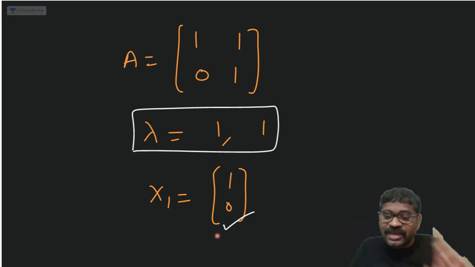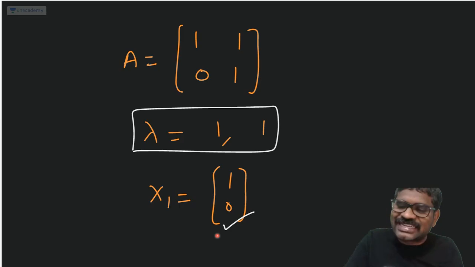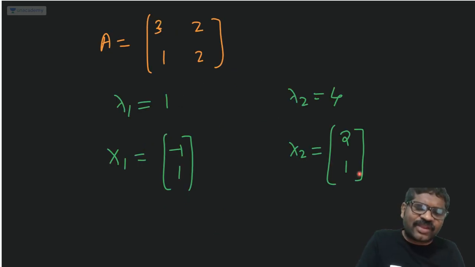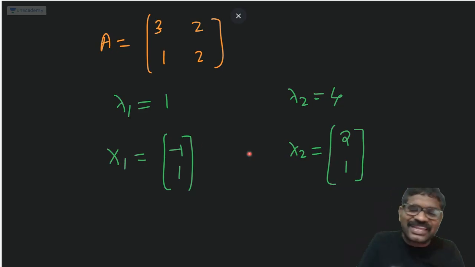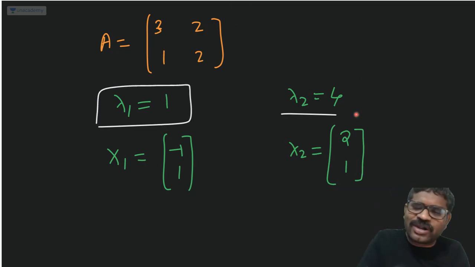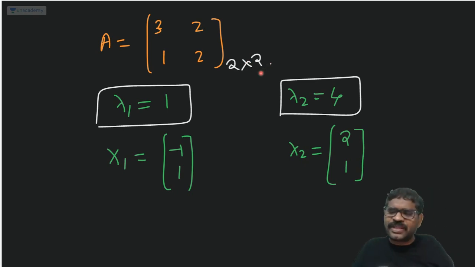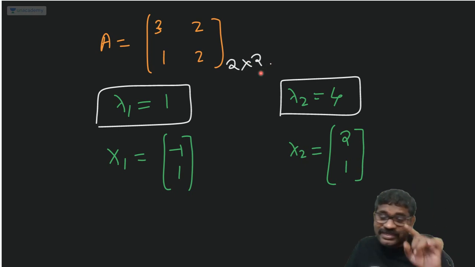If the eigenvalues are distinct, for example 1 and 4, 2 distinct eigenvalues, the matrix is 2 cross 2.